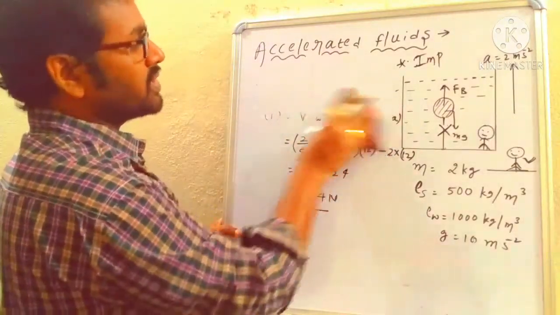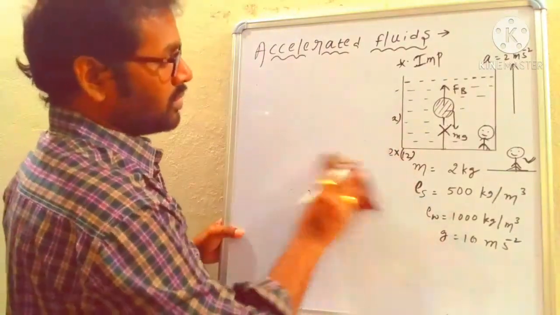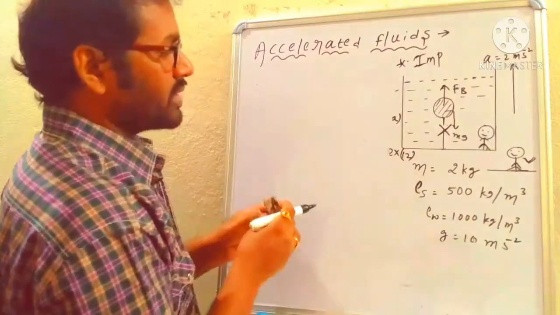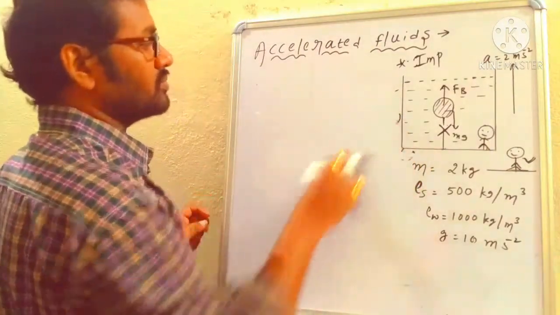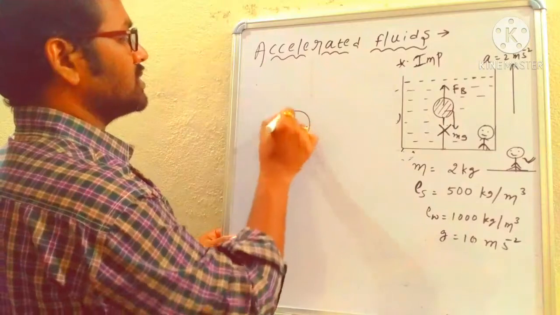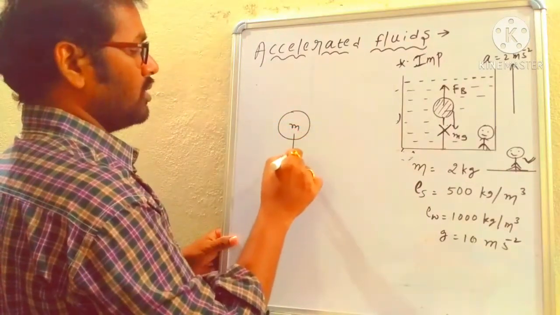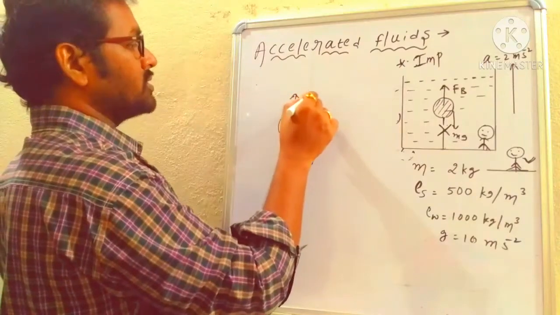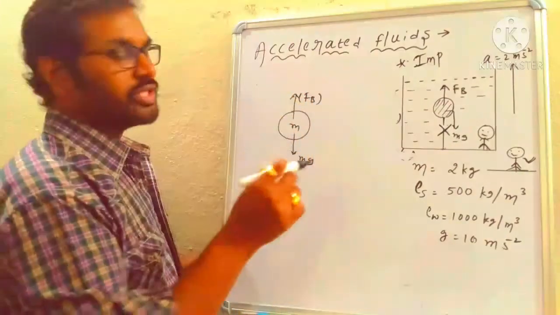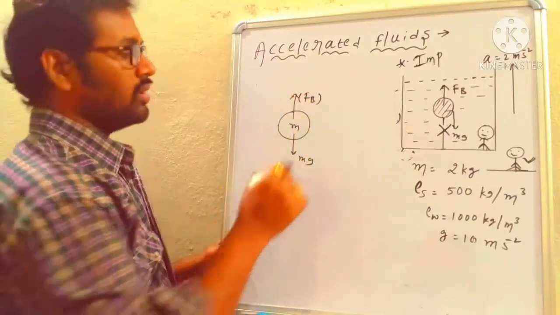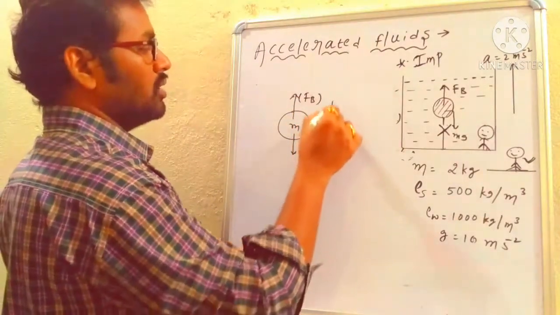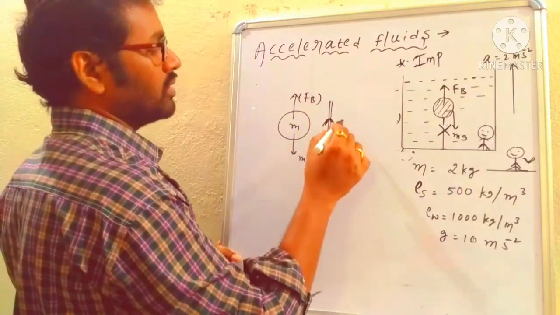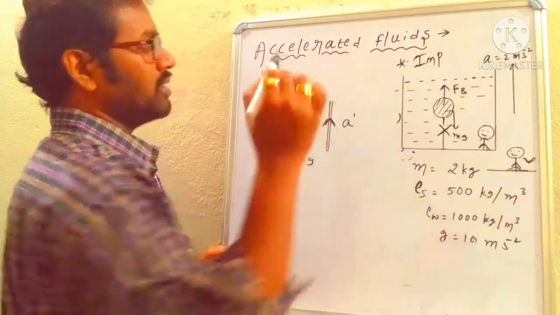Now what are the forces which are acting now? After the tension comes as 0, this is a sphere of mass m, weight is in downward direction, buoyancy force is upward, there is no change in the values of these two, and with these two the object is moving with an acceleration, suppose a dash.